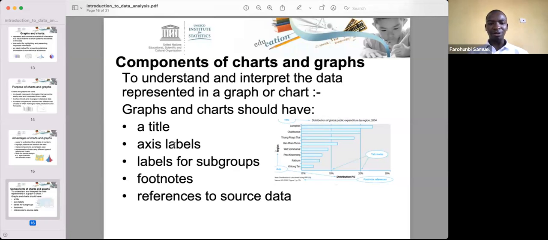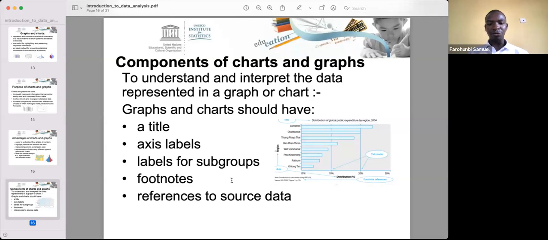You must have what they call the axis label. The axis label is what is representing the data you are showing on the x-axis and on the y-axis. We have axis label on the x-axis. X-axis is the horizontal level. Y-axis is the vertical level. Then you can have labels for some subgroups.